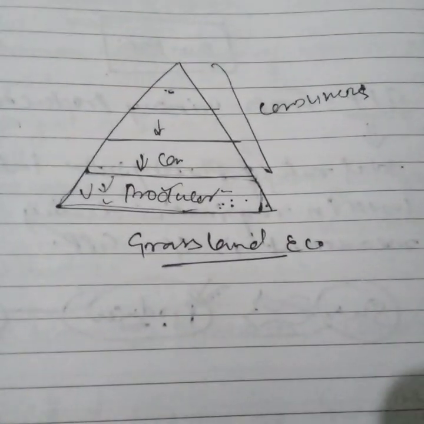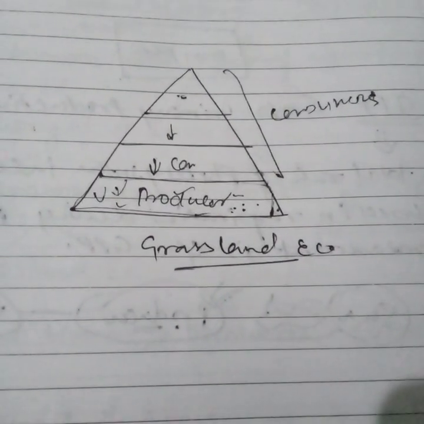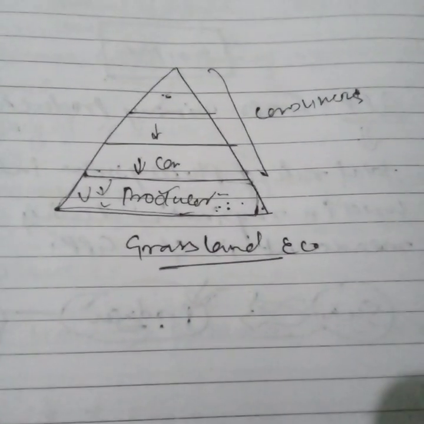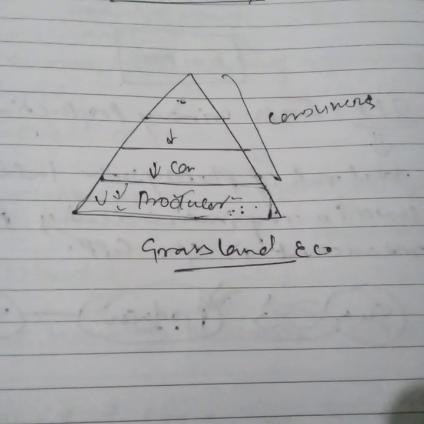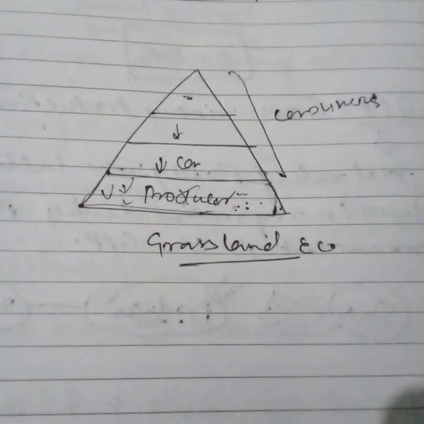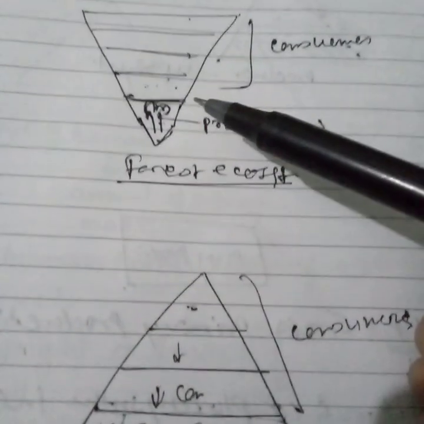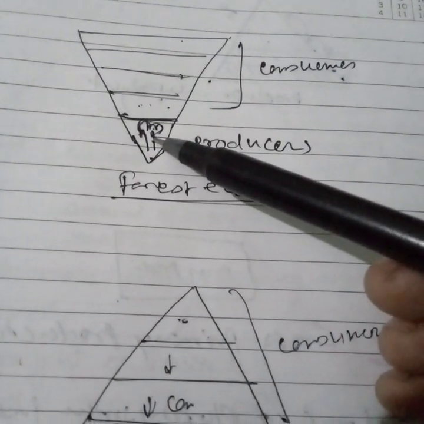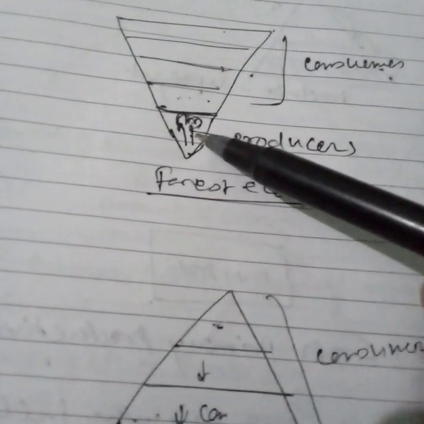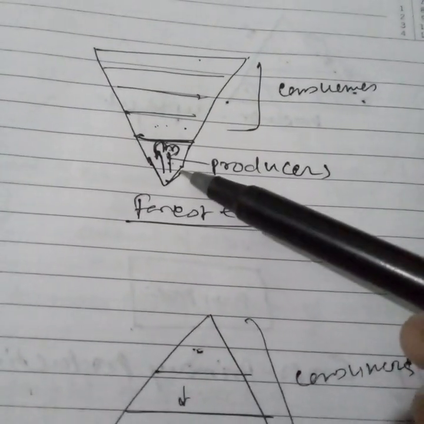But when we talk about the forest ecosystem, as we know, large trees are present. So if we take one or two trees, then the pyramid of numbers shows an inverted shape.